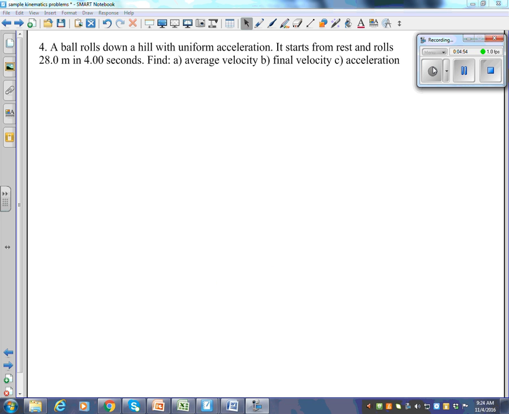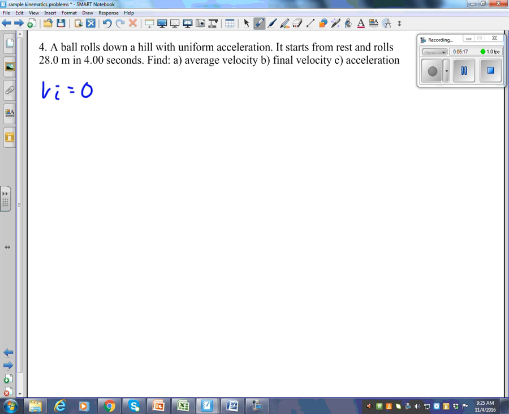The reason I bring it up is because, as you can see, the questions are getting harder and harder, bigger and bigger. A ball rolls down a hill with uniform acceleration, so that means that there is an A value. It starts from rest. What does that tell you? The initial velocity is 0.